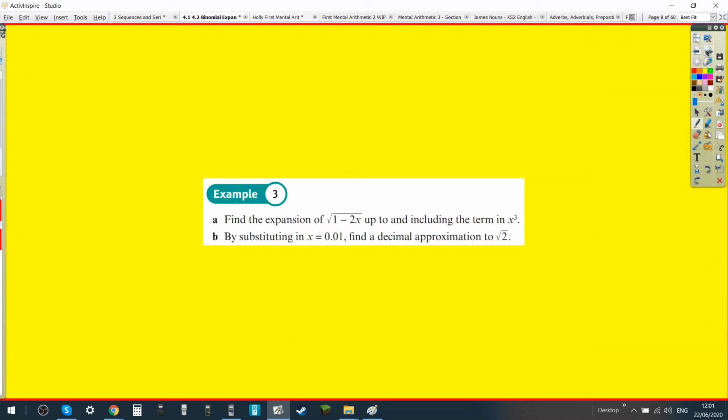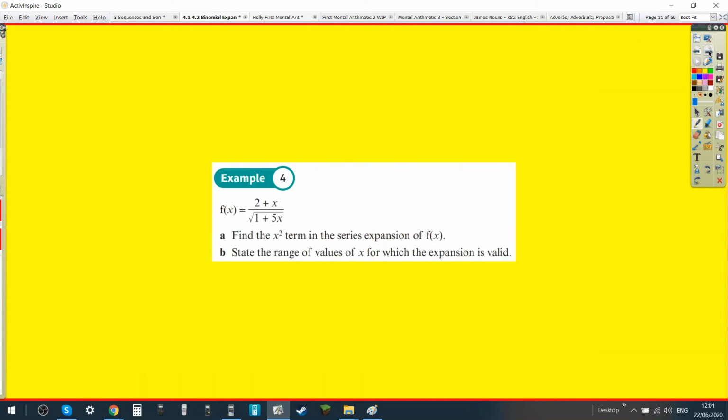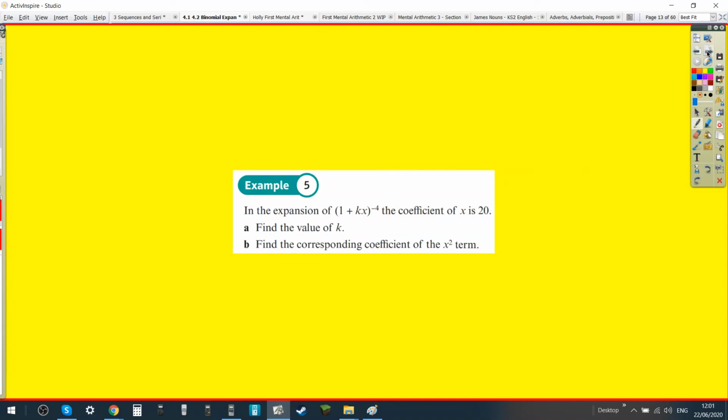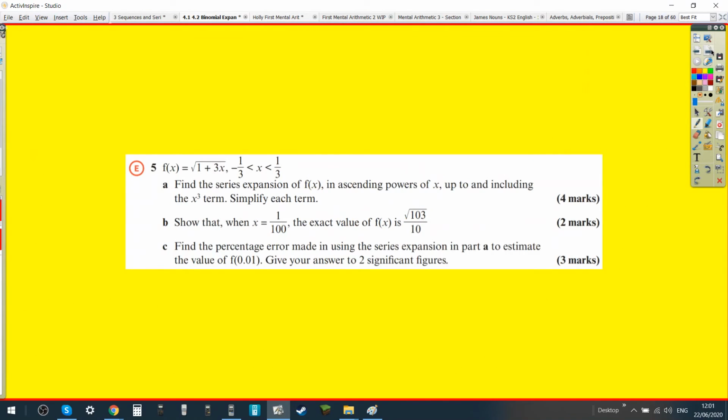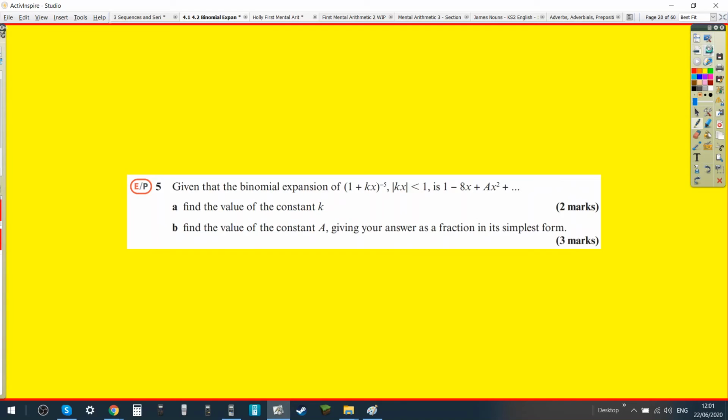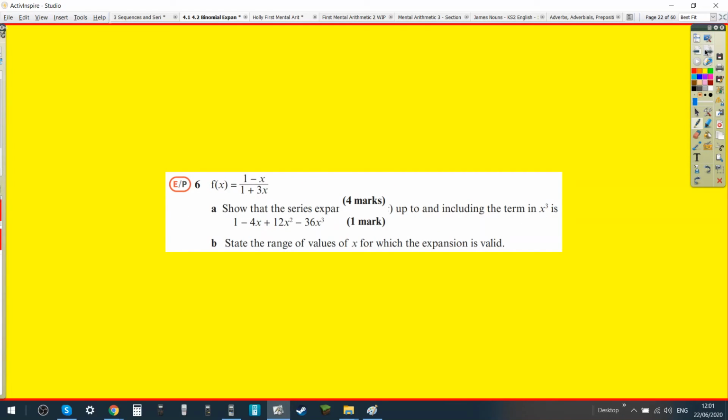Let's see. Do I have any others that are similar? Probably not. For this one, for the bottom part, 1 plus 3x, state the values of x for which it is valid.